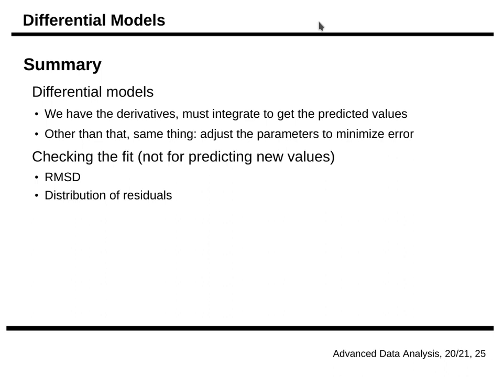And then we also saw this problem of checking how well the model is fitting the data, not with the intent of predicting new values, just to see if this is the correct model for that data.